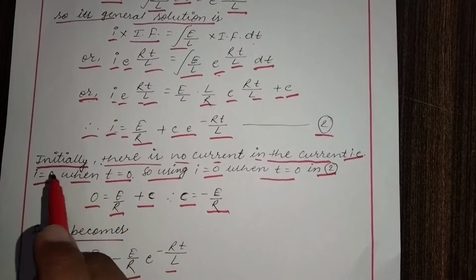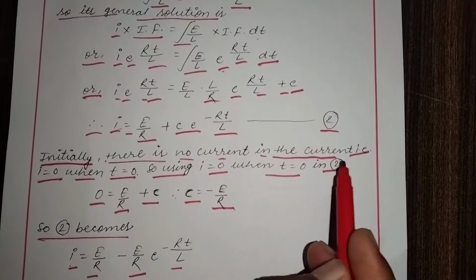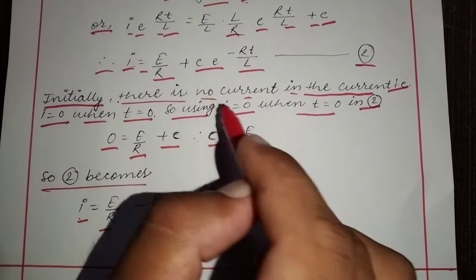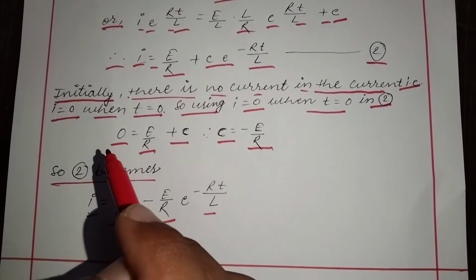Now we will move further. Initially, there is no current in the circuit, that is I equals 0 when t equals 0.